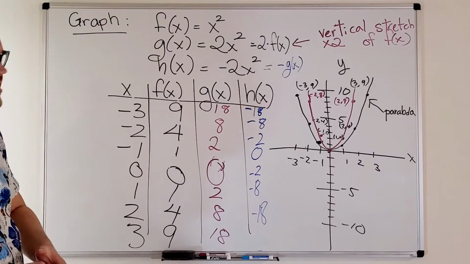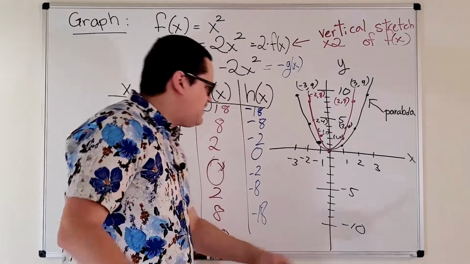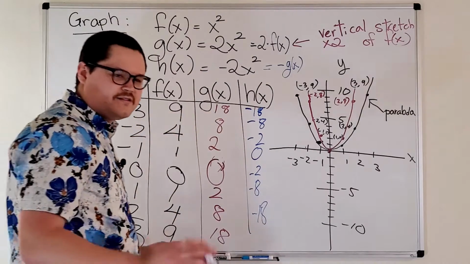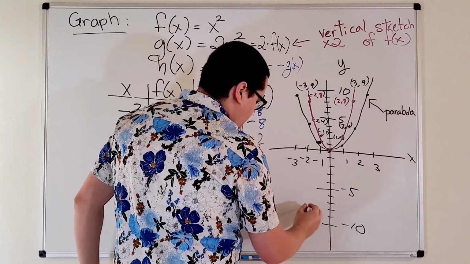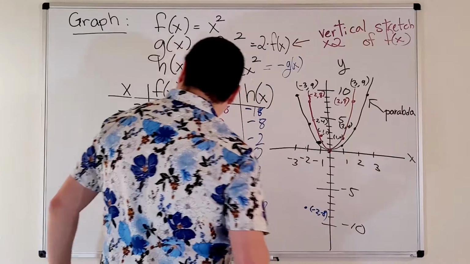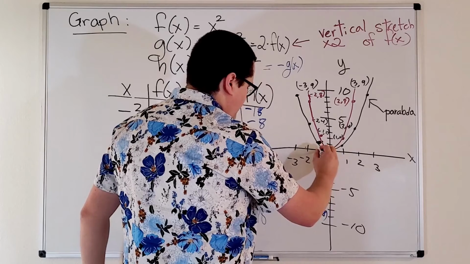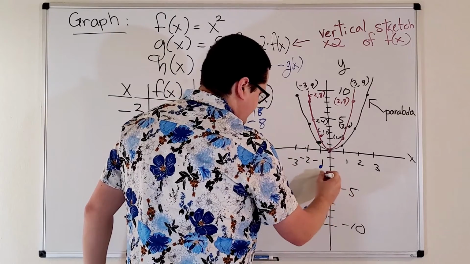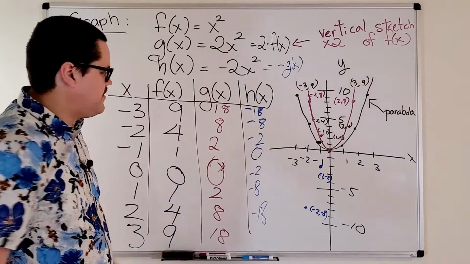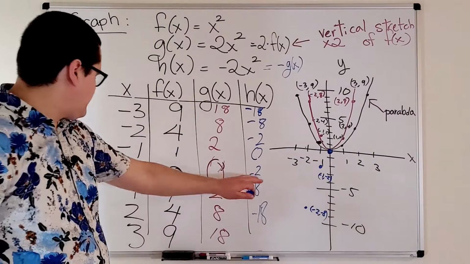Let's do the same thing. -3, -18, left 3, down 18. It's off the charts. -2, -8. That's left 2, down 8. -1, -2. That's left 1, down 2. 0, 0. We already know that's our origin. 1, -2.